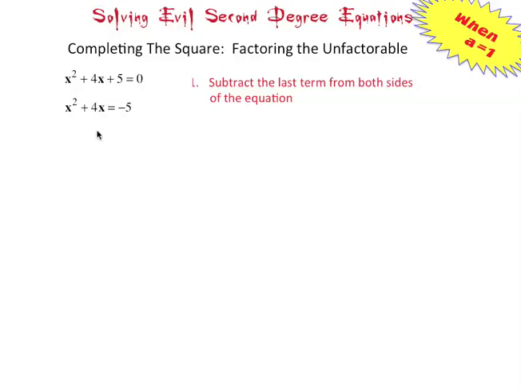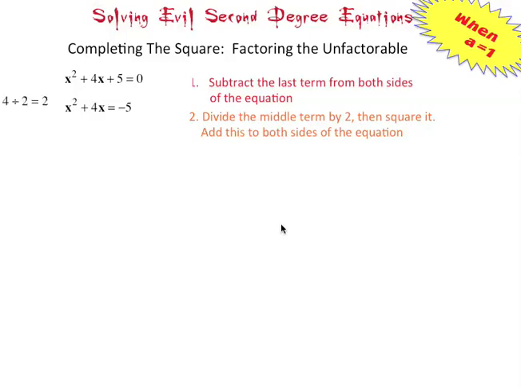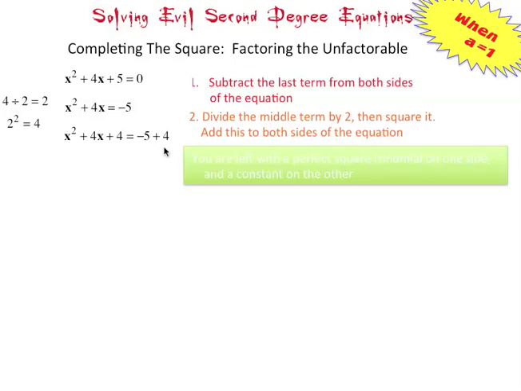Now I'm going to divide the middle term by 2, then square it, and add that to both sides. 4 divided by 2 is 2, squared is 4, and we add 4 to both sides. So we have x squared plus 4x plus 4 is equal to negative 5 plus 4. That is going to, unfortunately, give me negative 1 on the right-hand side.